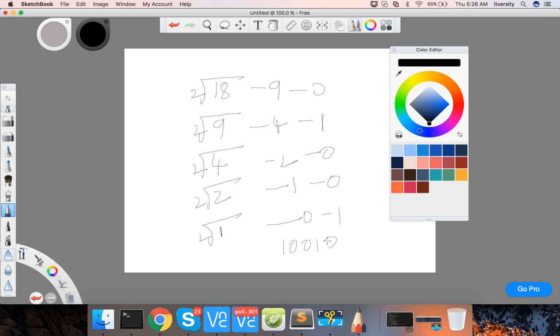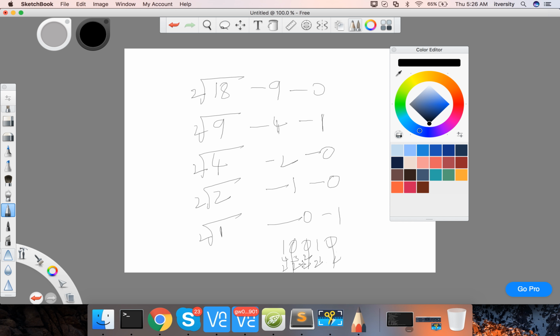10010. Now if you have to change it back to decimal, you multiply the rightmost digit by 2 to the power of 0, the next by 2 to the power of 1, the next by 2 squared, the next by 2 cubed, and the last by 2 to the power of 4. You can strike off the zeros because 0 multiplied by anything is 0.